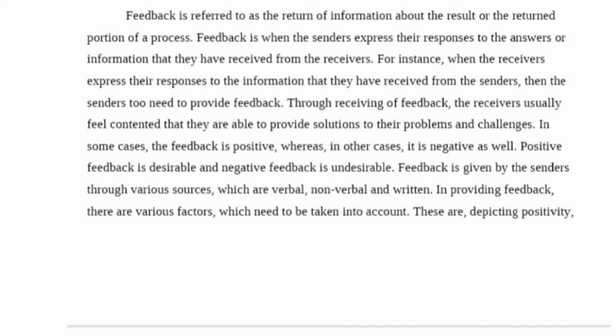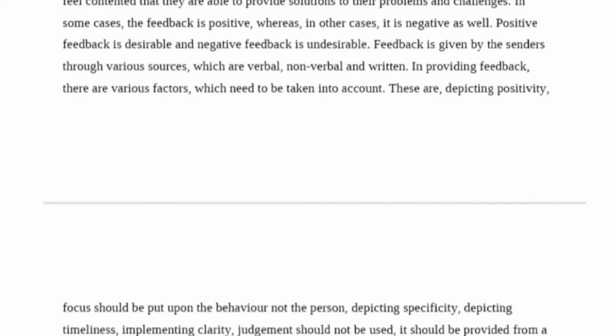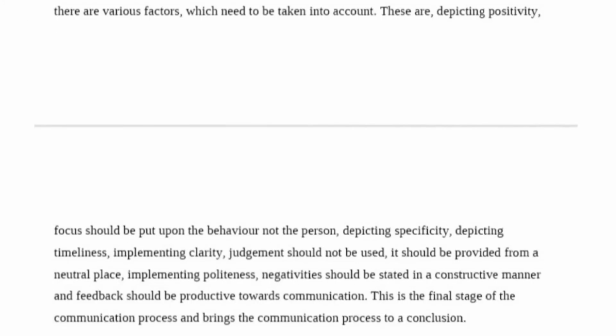These are depicting positivity. Focus should be put upon the behavior, not the person. Depicting specificity, depicting timeliness, implementing clarity. Judgment should not be used. It should be provided from a neutral place, implementing politeness.